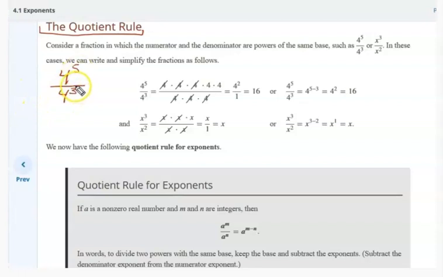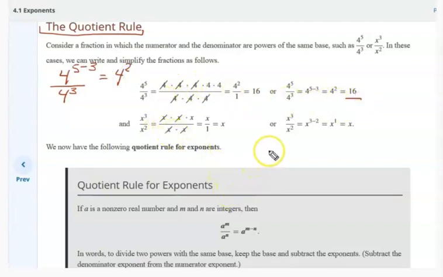So the general rule is you bring the exponent up from the denominator, it crosses the division bar, and the sign of the exponent changes to a negative, and we get 4 to the second, which would be 16, and they're working it all out for you.